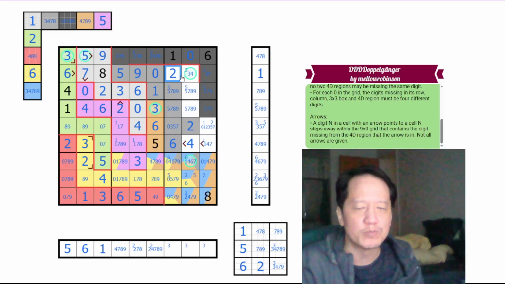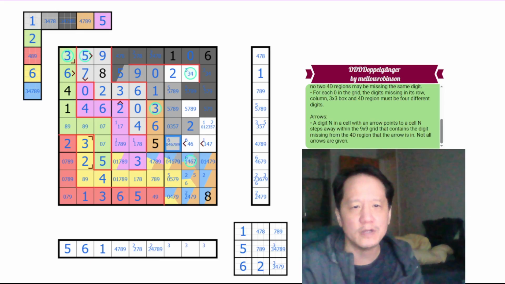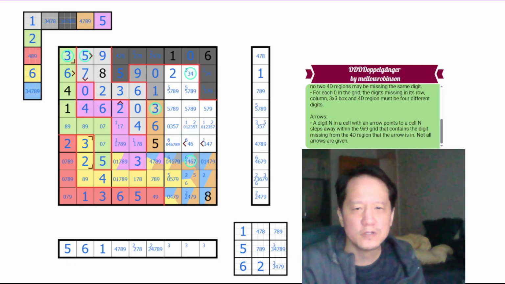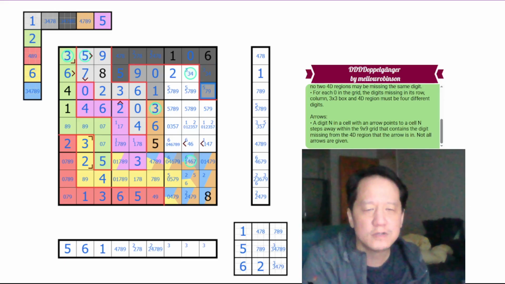And then this would block this region, which would have to be the case. So this cannot be medium here. So this is not medium, this is dark, which means dark is done as a region. So this is 5, which eliminates 5 from the rest of the dark region.